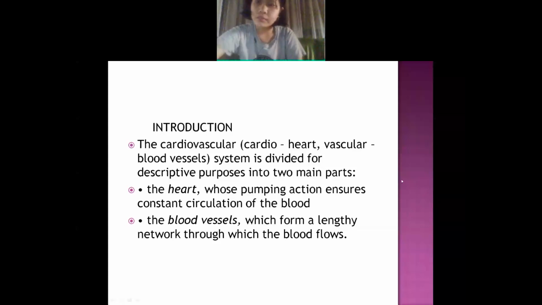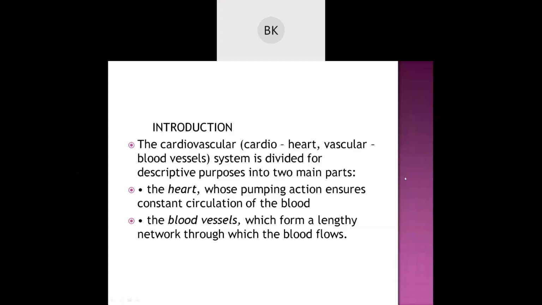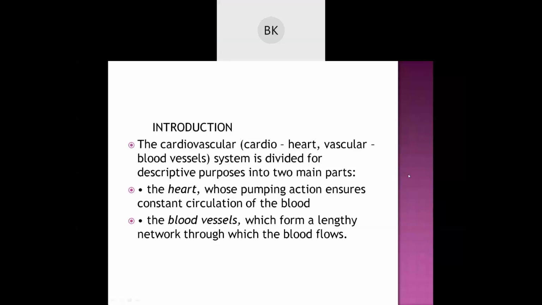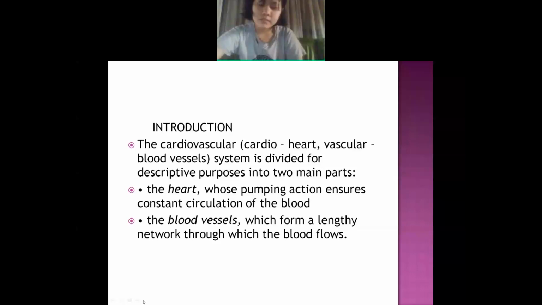Haboklang. Yes, ma'am. What is the size of the heart? 230 by 230 by 350 grams. Size, I'm saying size. I don't.